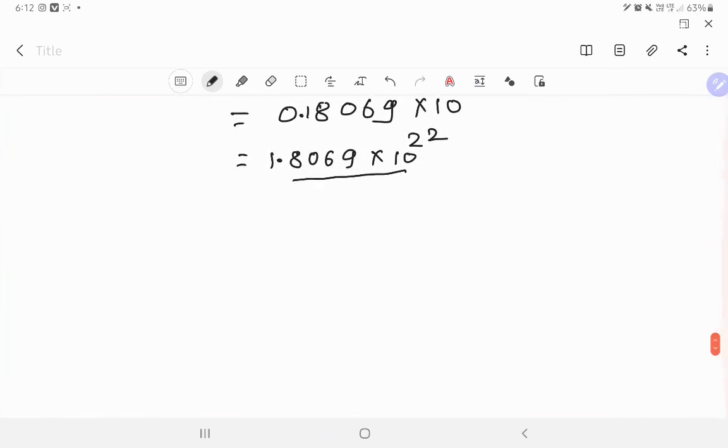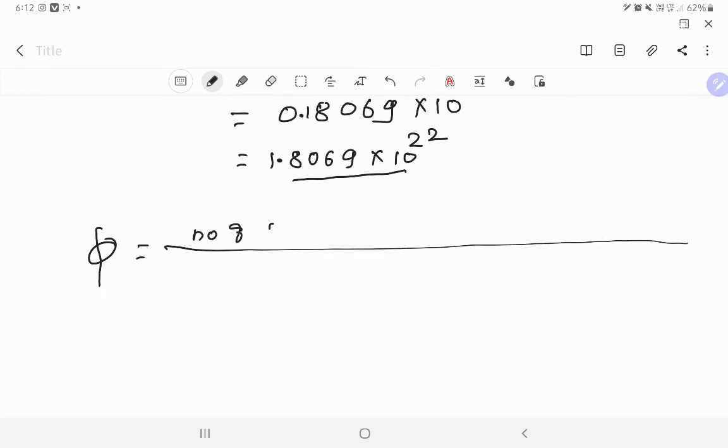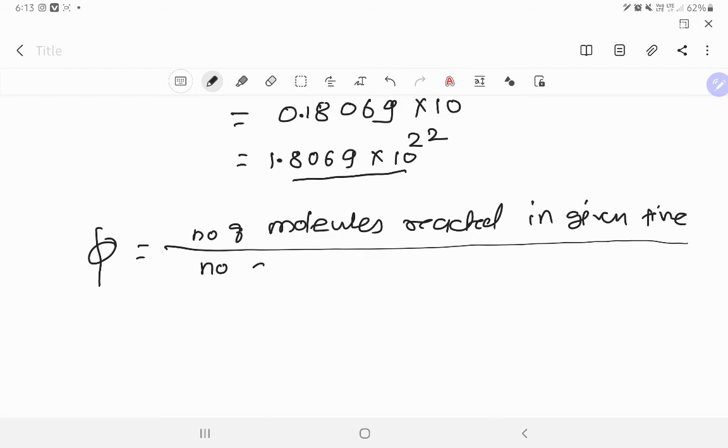You can determine the quantum yield, phi. Number of molecules reacted in a given time divided by number of quanta absorbed in the same time.